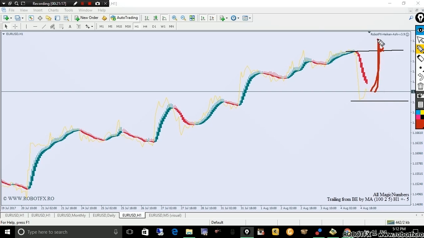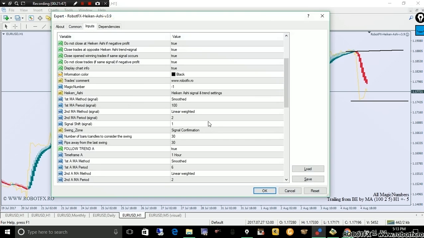There is a spike, maybe there is news, the price moves in 1-2 candles, it moved already I don't know, 100 pips. Then the Heiken Ashi changed the color, and well, we entered the trade too late because we didn't know. So we want to enter only when we have this distance. By default it's 30 pips, but of course, as you could see, you can change that to any number of pips that makes you feel comfortable.